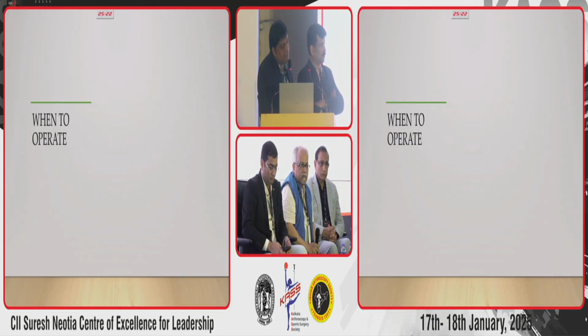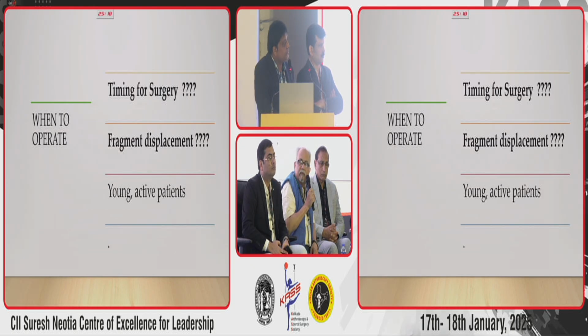So the next question comes: when to operate on these patients? The timing for surgery. It is not like the ACL, where the knee has to be quiescent, and some people believe in 1 week, 2 weeks or 3 weeks.